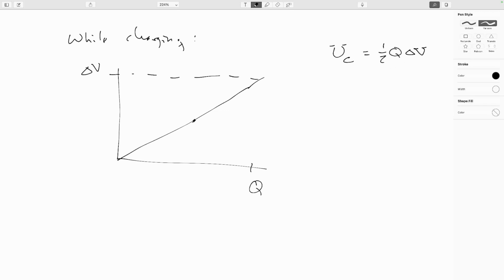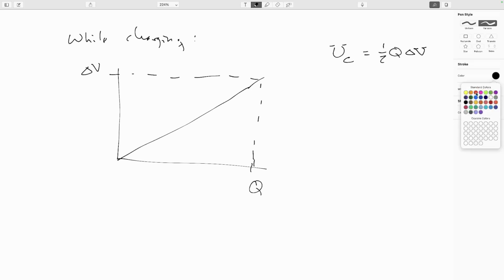And why is it going to be 1/2? Well, one way you can think about it is just to say initially I moved the first electron through a 0 volt difference, the last one through delta V. So the average electron went through V over 2. And if you're fine with that, that's fine.